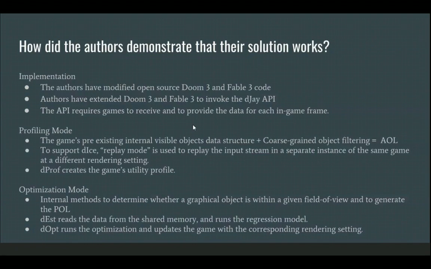So that is in profiling mode, data structures to provide AOL list and to calculate different F star and F frames for calculating the SSIN scores. All such data is taken. And in the optimization mode, POL values, that is, future object values, all such data is given to the API to calculate the DEST and DOF values.